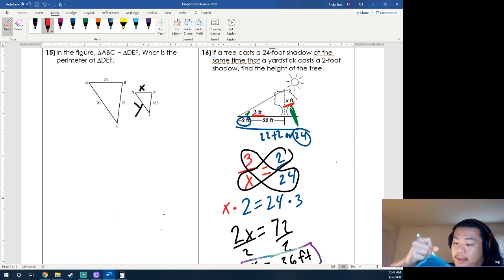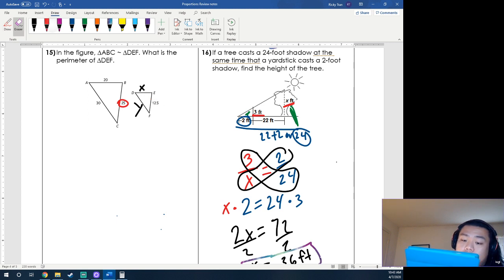So we're going to use 25 and 12.5, which is a match. Then we have X and 20.